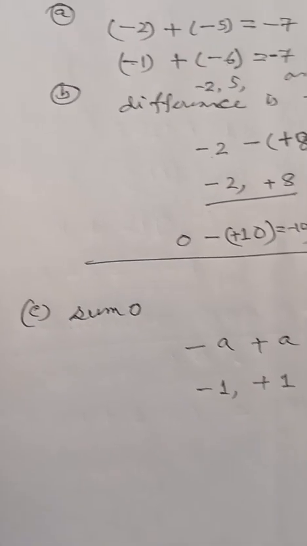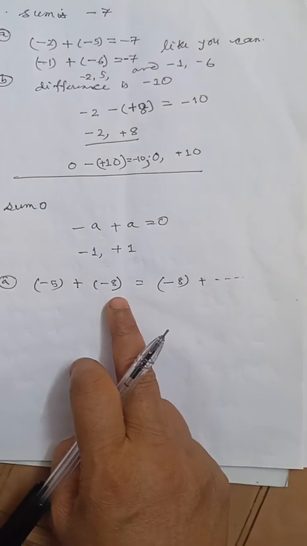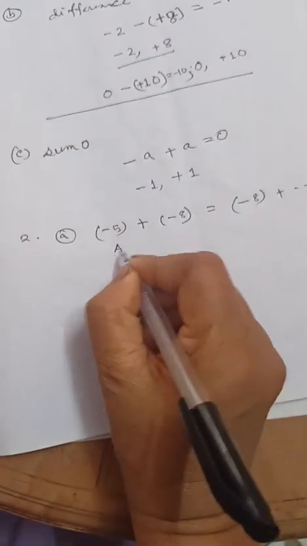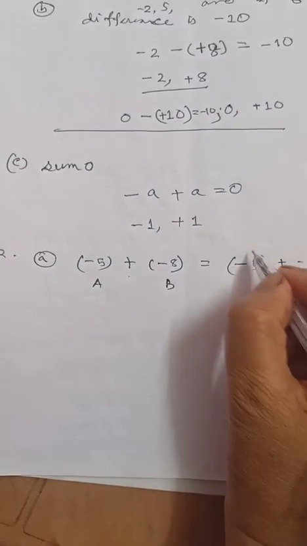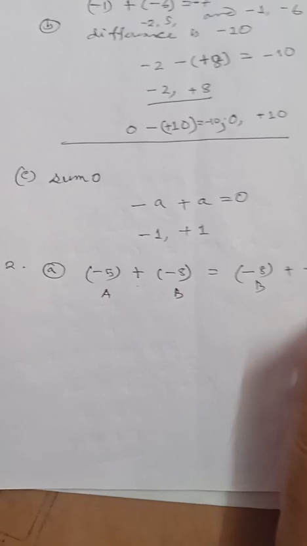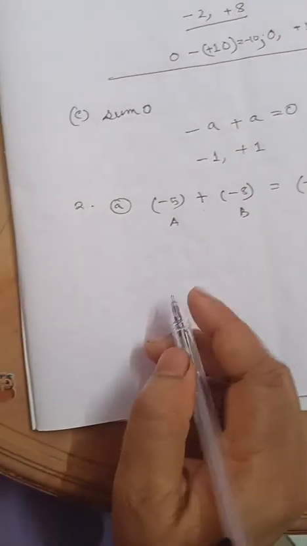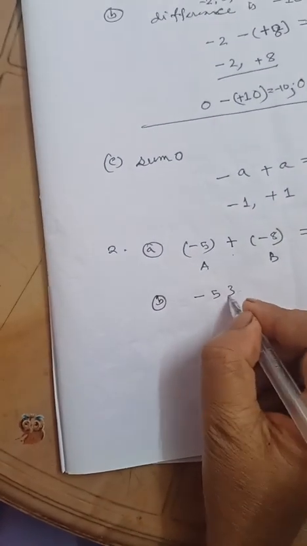Okay, then see the question. Minus 5 plus minus 8 is equal to minus 8 plus what? These are the two integers a and b. What is the sign between them? Plus. So this is a, this is b. b plus what? a. What is the value of a? Minus 5. This is the commutative property. Then number b, minus 53 plus what?